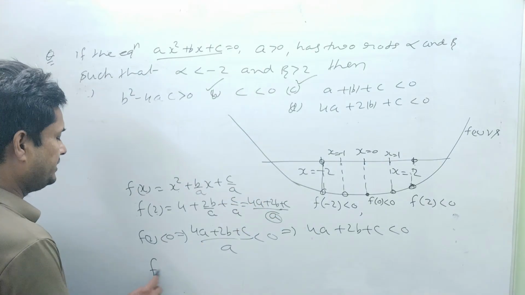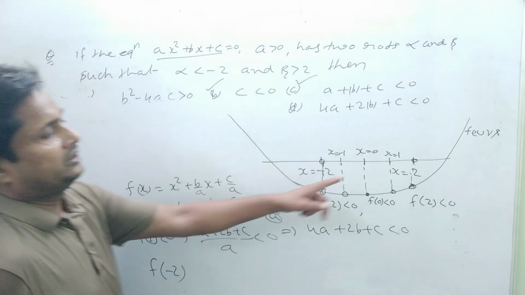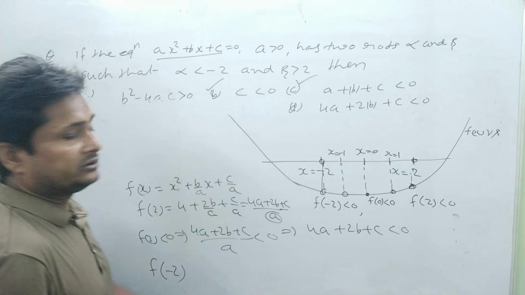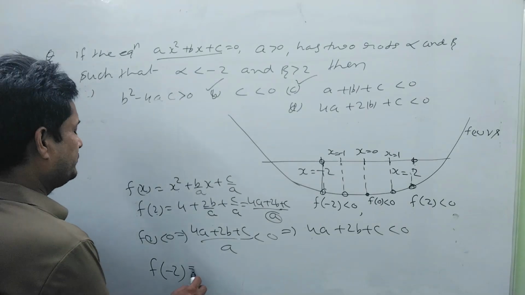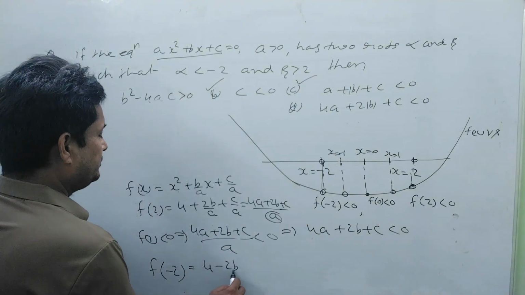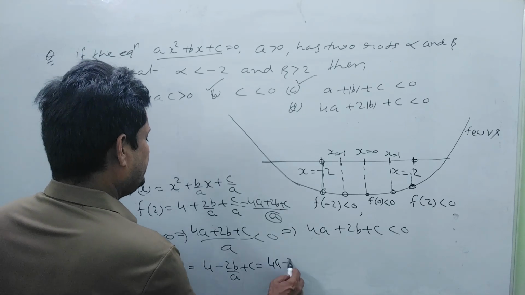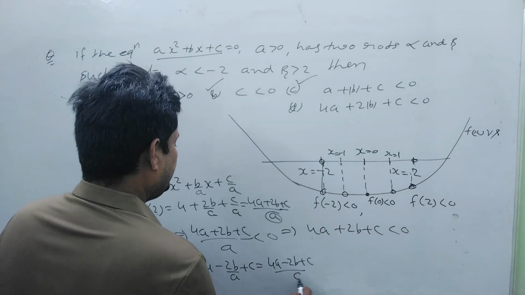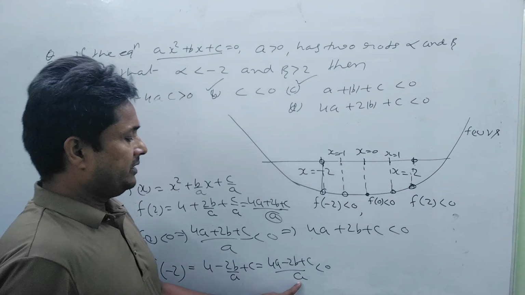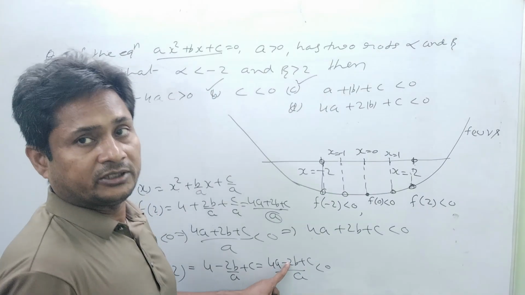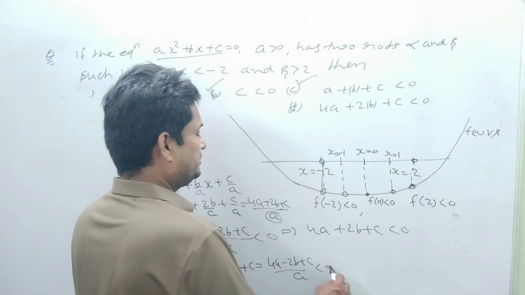Similarly, find out the value of f of minus 2 at x is equal to minus 2. It is also coming negative. So it will be 4a minus 2b plus c by a less than 0. A is positive, then numerator must be negative, because product is given negative.